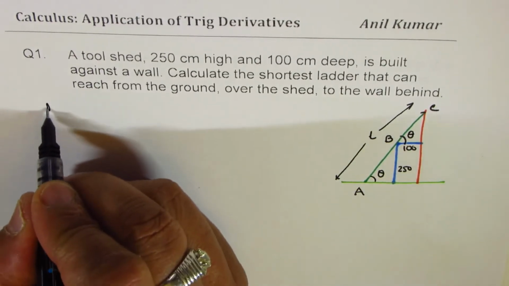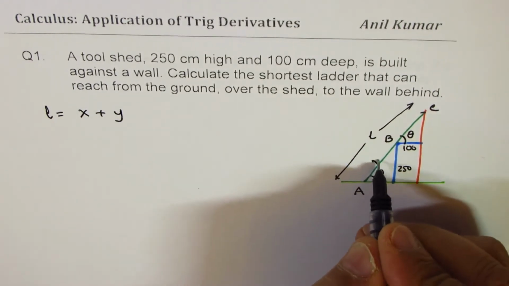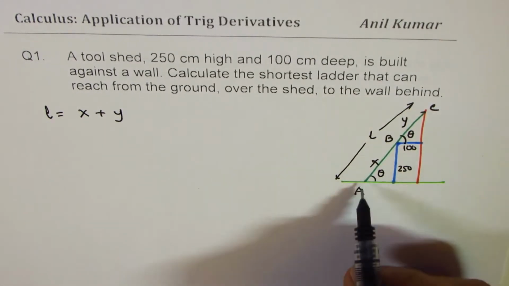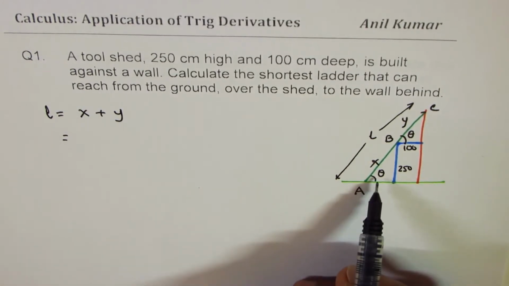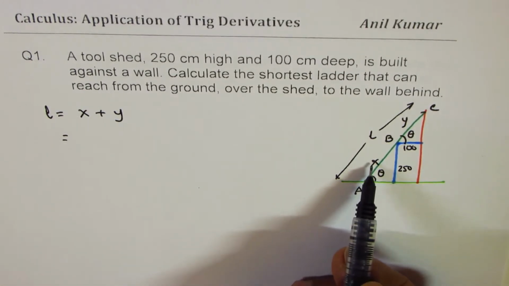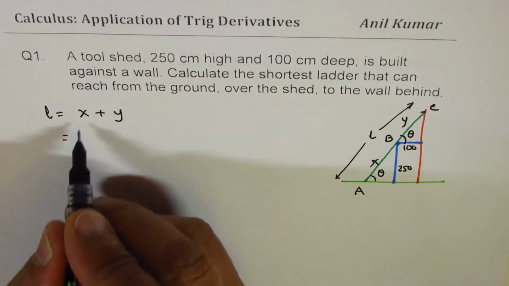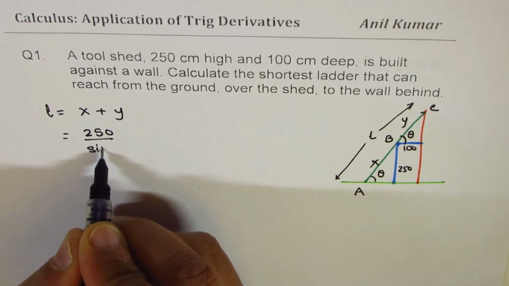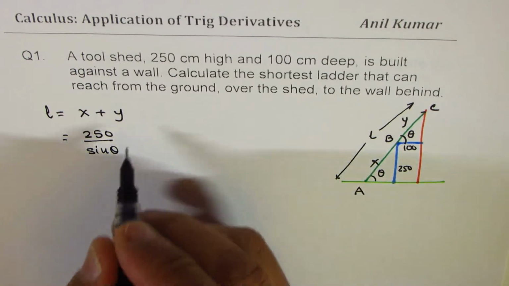So let us say that the length of the ladder is x plus y, where x is AB and y is BC. In that case, we can write both x and y in terms of theta, right? With relation to 250, we can write x as 250 divided by sine theta, since sine theta is ratio of opposite over hypotenuse.